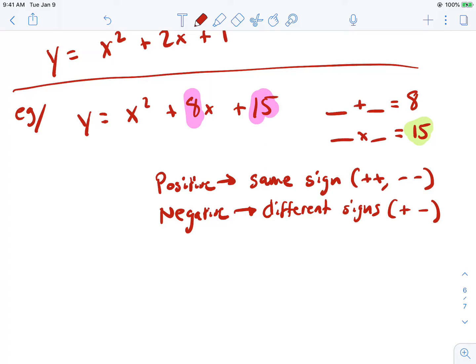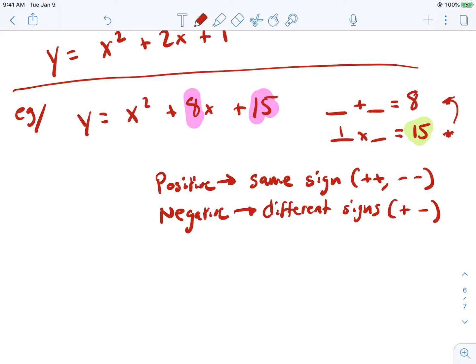That sometimes helps when we're trying to figure out what our numbers could possibly be. Another thing that helps is figuring out what things multiply to 15. I always like taking a look at that first before figuring out what numbers add to 8. So it's always best to start with our multiplication and then try to fit them into our addition. What numbers multiply to 15?